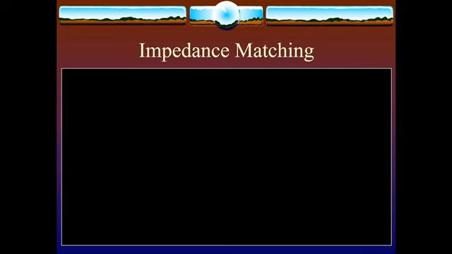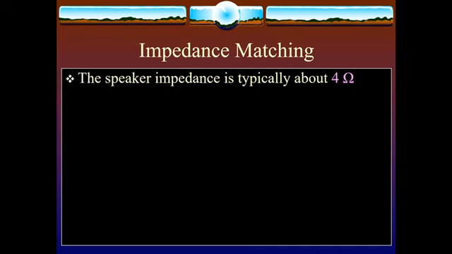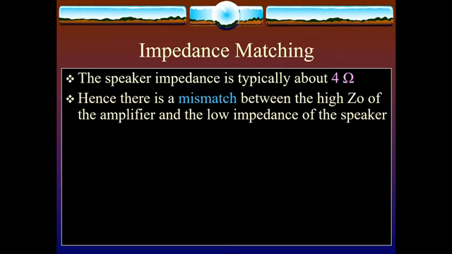Impedance matching: the speaker impedance is typically about 4 ohms. Hence there is a mismatch between Z0, the output impedance of an amplifier, and the low impedance of the speaker. So there is always a mismatch between the impedance of the input and the output.